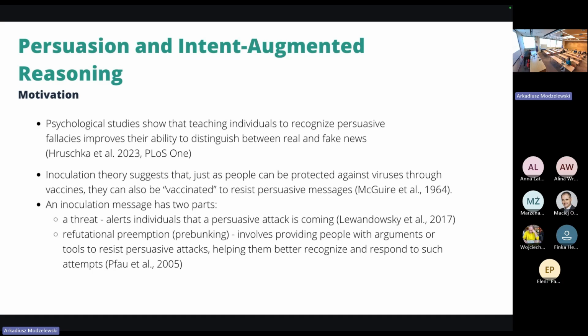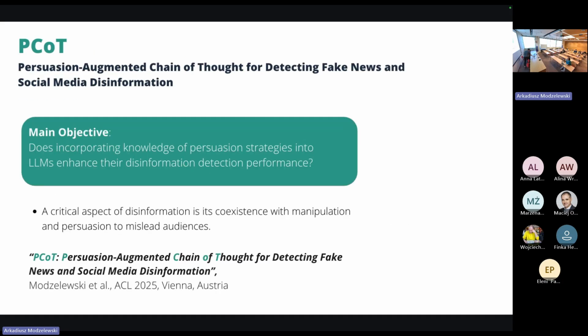So I wanted to do something similar with large language models and to check if augmented reasoning with these ideas from inoculation theory will improve the detection of disinformation.